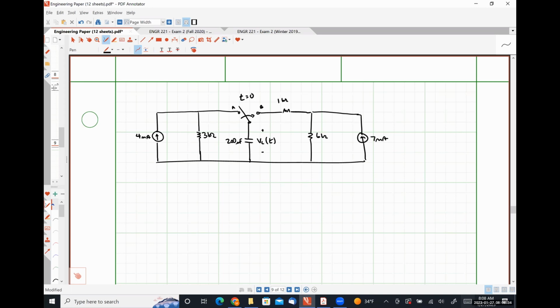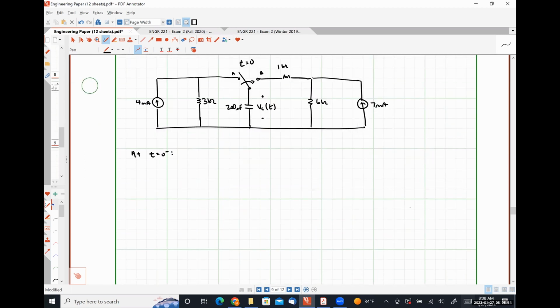All right, so the first thing that we're going to do is analyze our circuit at t equal to 0 minus. 3 kilo ohms, 1 kilo ohm, 6 kilo ohm. So at t equal to 0 minus, we have our 4 milliamp source like so.